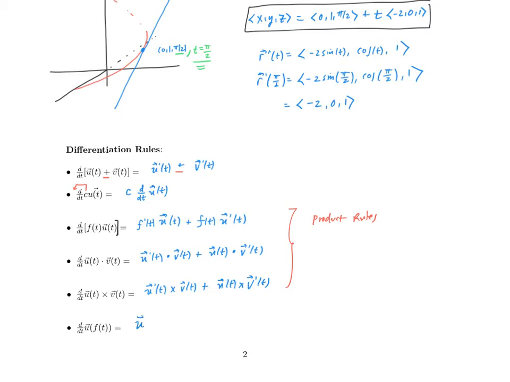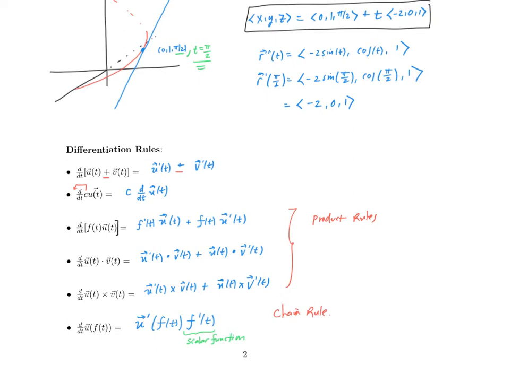The chain rule tells us we take the derivative of the outside, we evaluate it at the inside, and then we multiply by the derivative of the inside. And note that the derivative of the inside is really kind of a scalar function, so we multiply it through the vector just like a scalar quantity. And this is the chain rule.